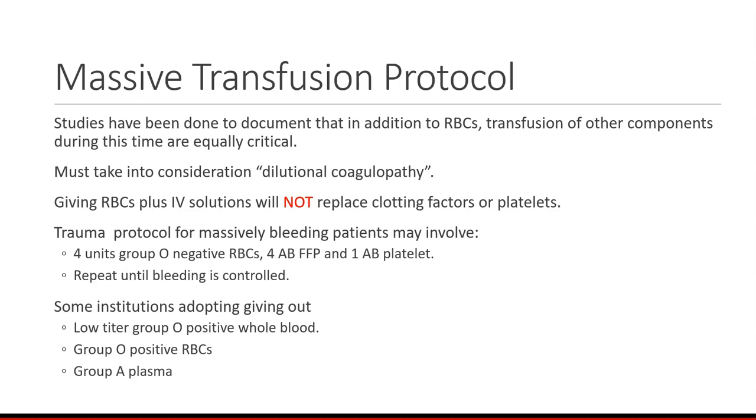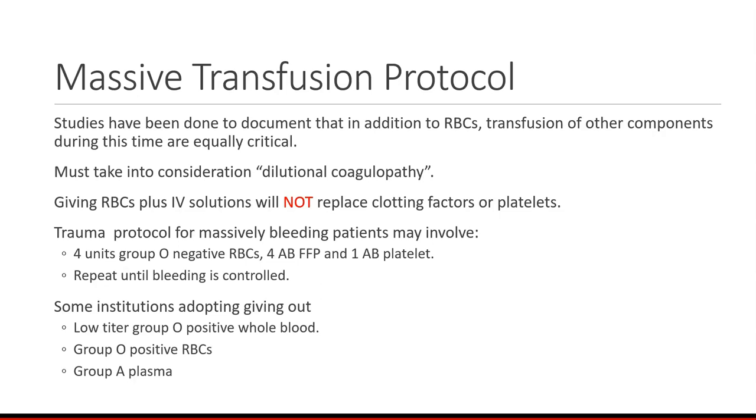Giving red cells plus IV solutions will not replace clotting factors or platelets. So a trauma protocol for massively bleeding patients may involve issuing all of this at the same time, 4 units of group O negative cells, 4 AB fresh frozen plasmas thawed, and 1 AB platelet. And they'll repeat this until the bleeding is controlled.